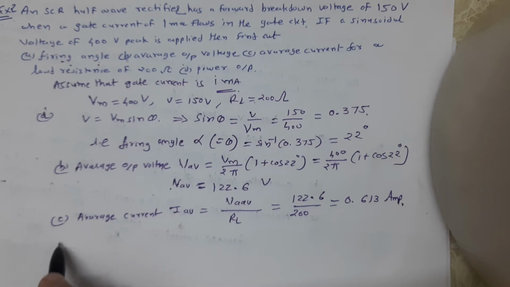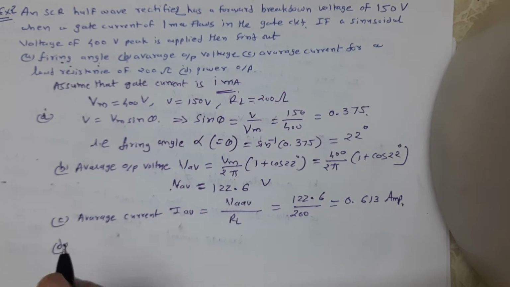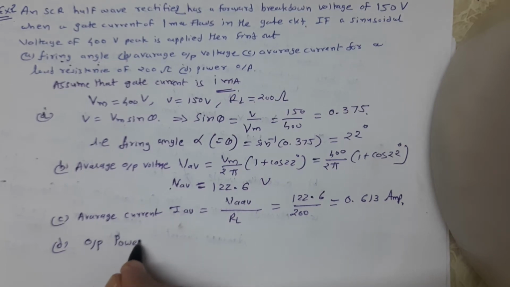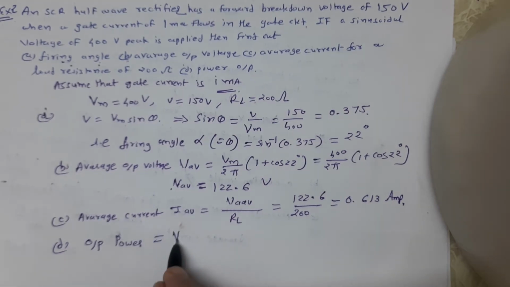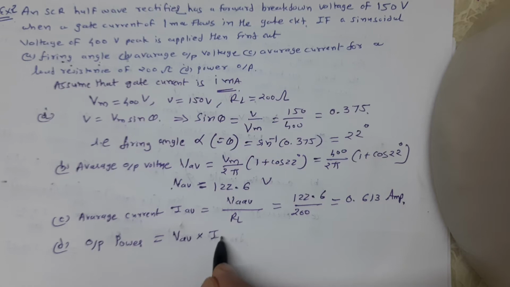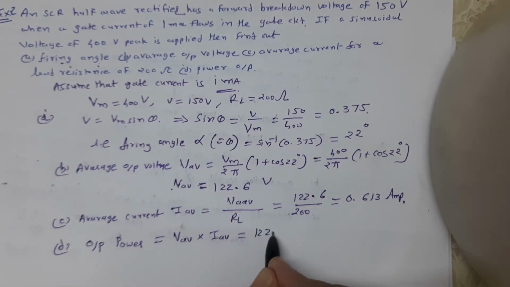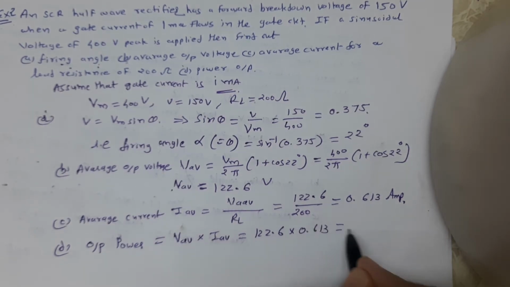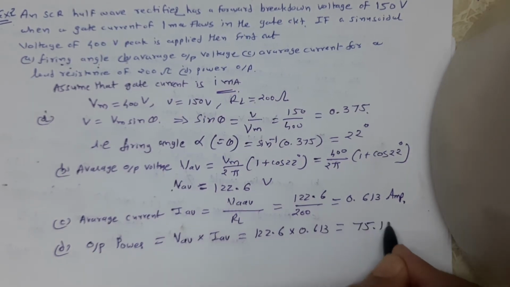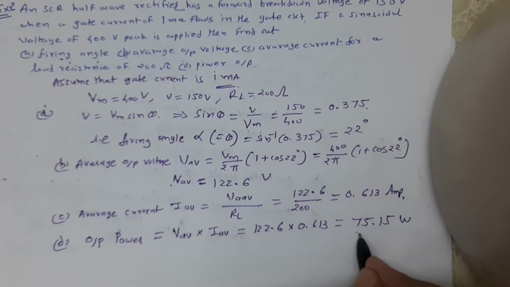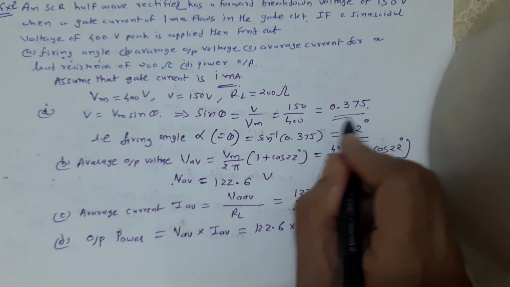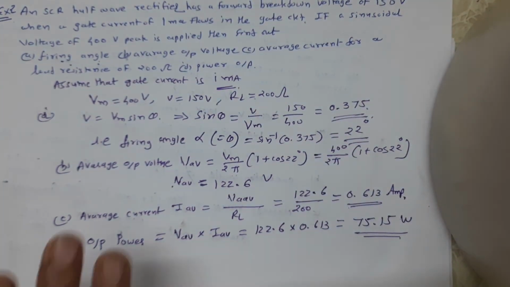And the last one, D, we want to find out the output power. Output power is equal to V average into I average, that is 122.6 into 0.613, which is equal to 75.15 watt. This is the final answer.